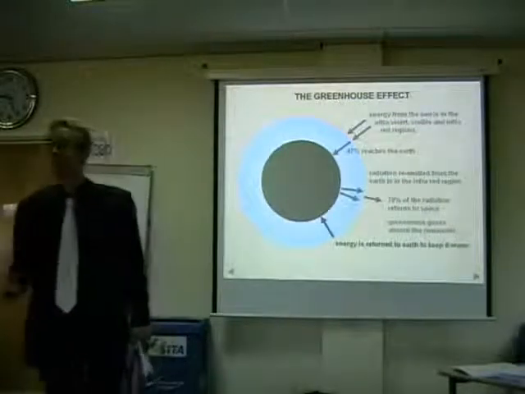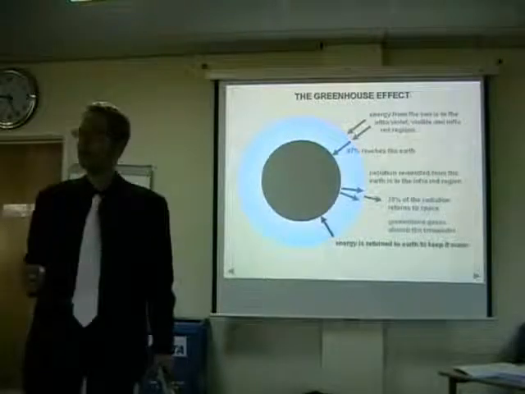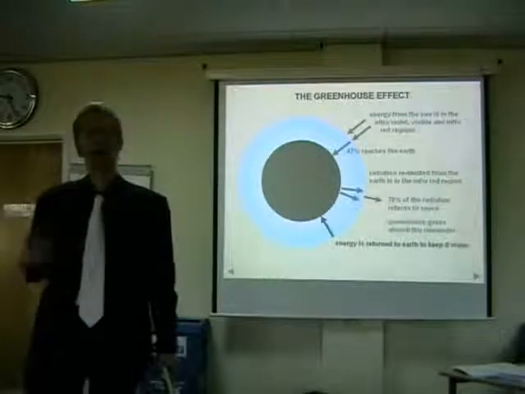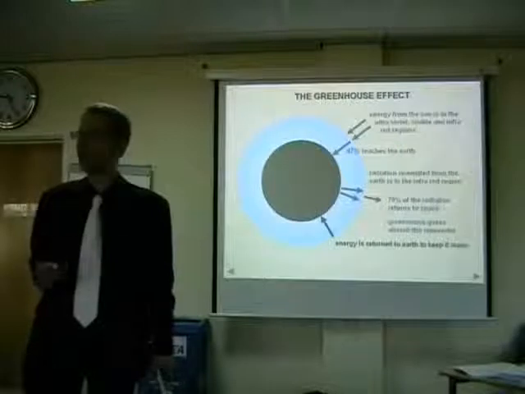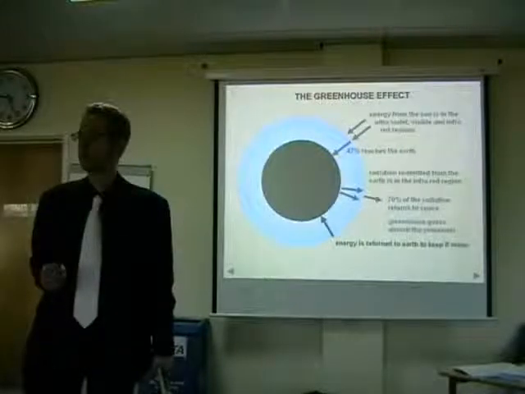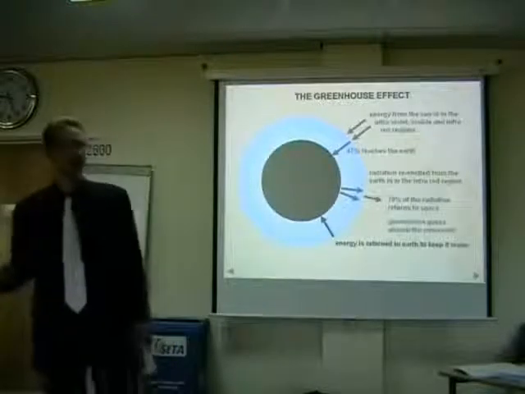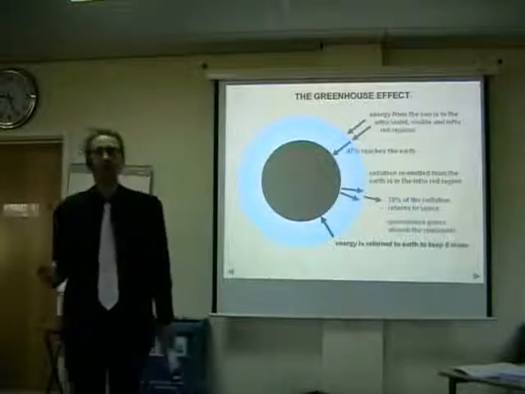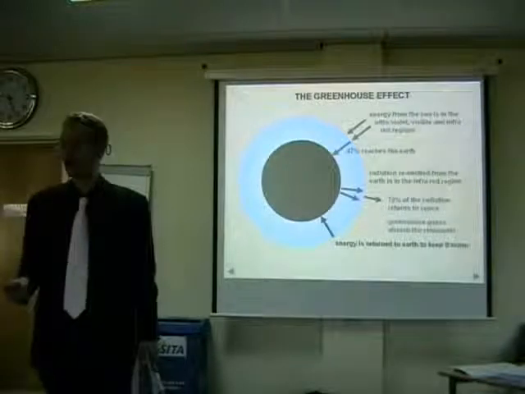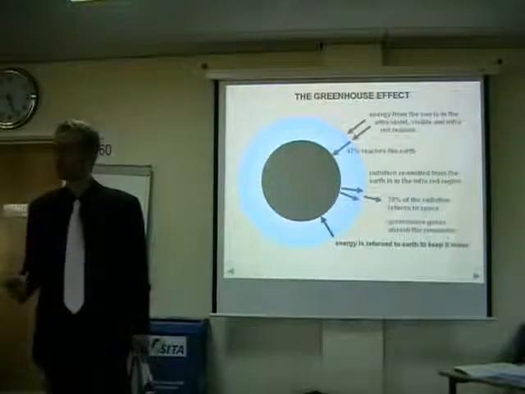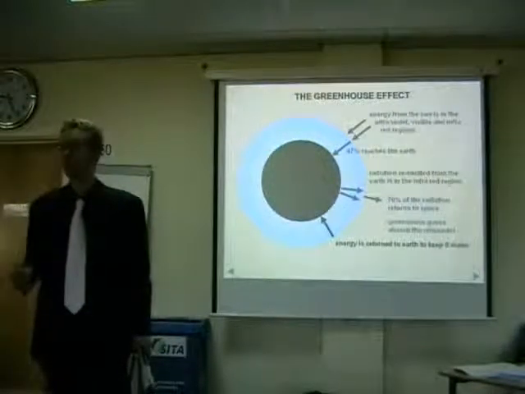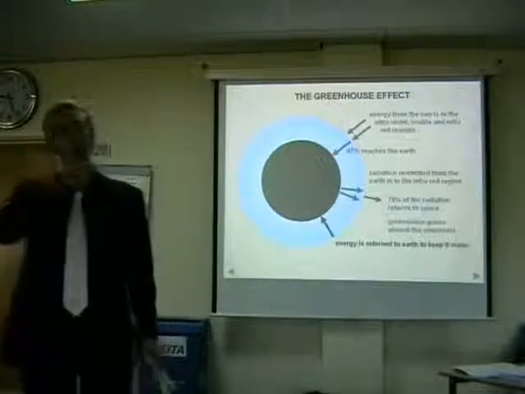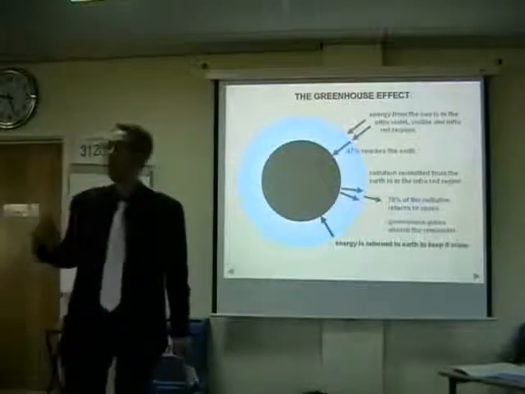A really simple example of this is that you know a cloudy night is a warmer night than a cloudless night. Yeah? If you go out of your house at 9 o'clock on a winter's evening and you look up and you see the stars, the chances are there's going to be frost on the ground, probably quite a bit of it. If you go out at 9 o'clock and you've got a lot of cloud over, it's going to be a much warmer night.